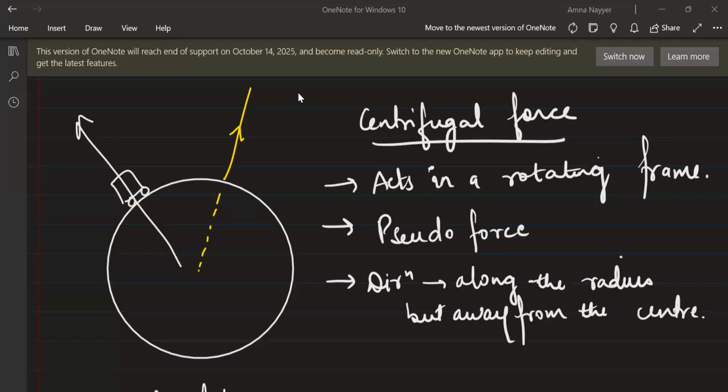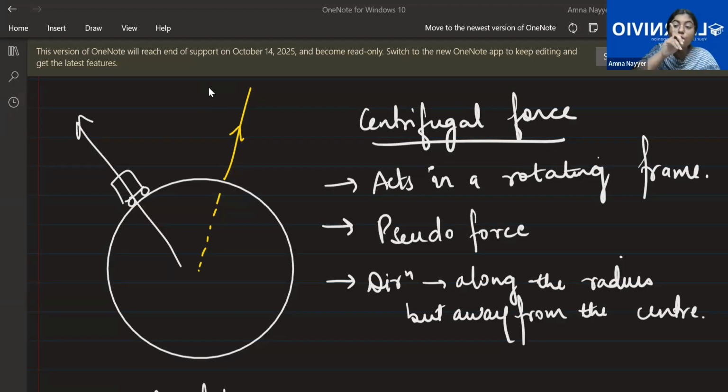One more thing. You must be confused about this pseudo force part. This is because this acts in a rotating frame. For centripetal force, it's not necessary that your frame should also rotate. Centripetal force is not a pseudo force. If any car is standing stationary on a circular track, that will be provided through a centripetal force. That's why it is standing stationary.